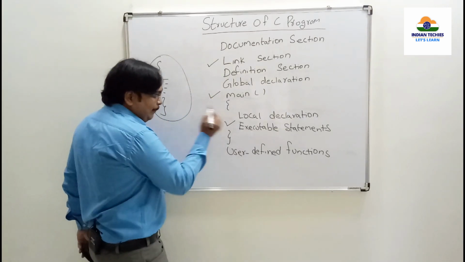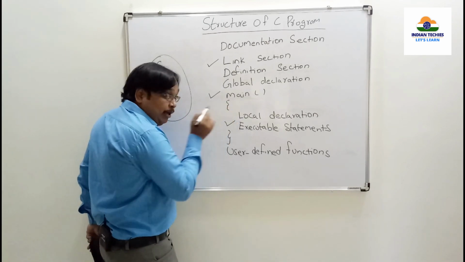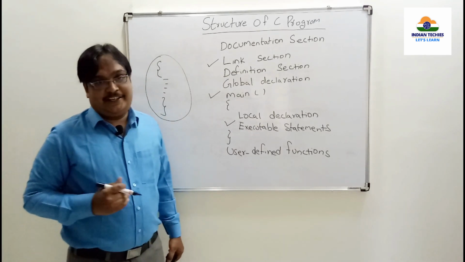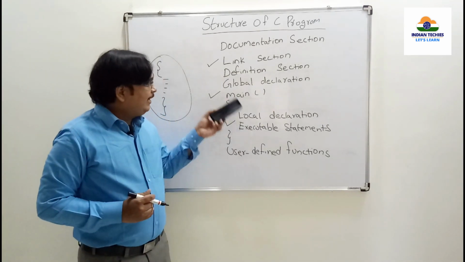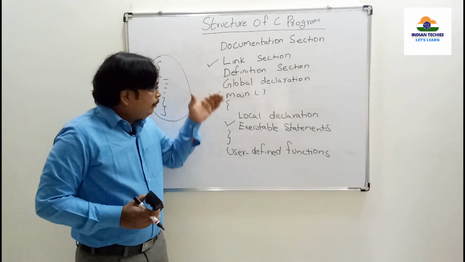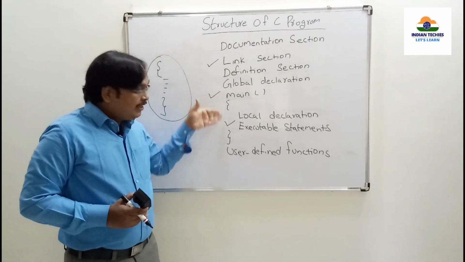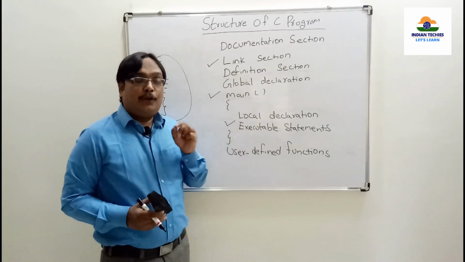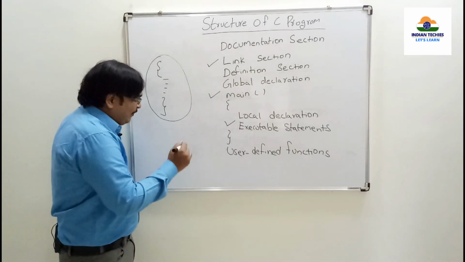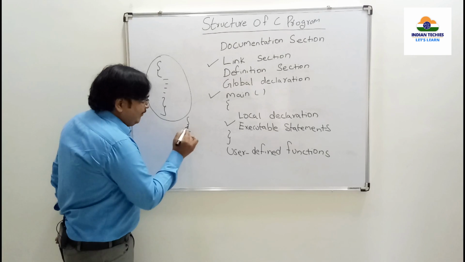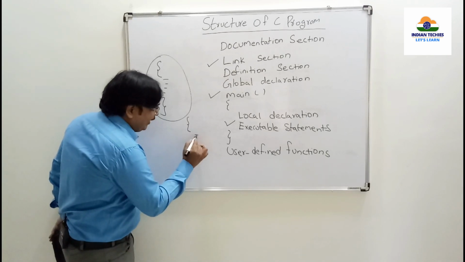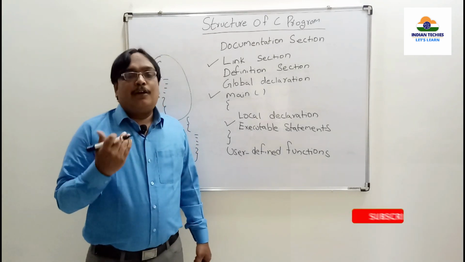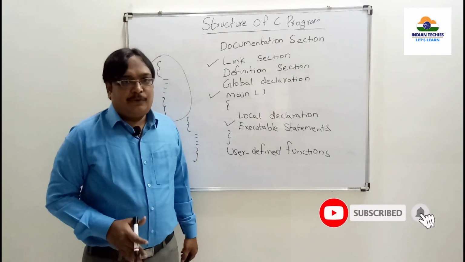Now, once you open the brackets, the main block has started. Inside this, what do you have? Local declaration. We have already seen global declaration. Global declaration means you can access everything throughout the program. But what about local declaration? Local declaration means if anything is accessible between the open and close brackets only, then that is called a local variable. Locally accessed, locally active.